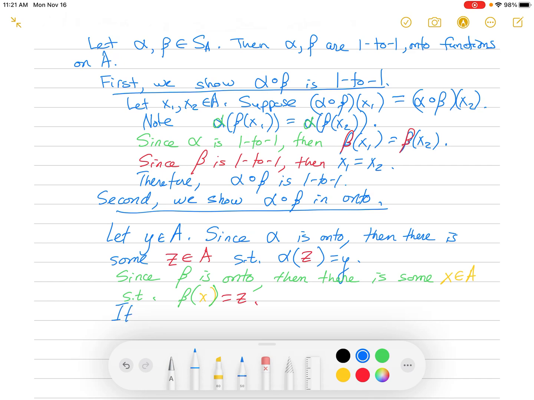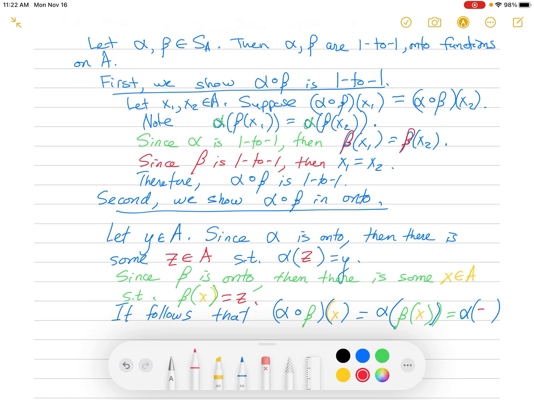Okay, so it follows that if I take alpha composed with beta and plug in x into this function, what will I get? The way this is defined through functional composition, alpha of beta of x. I'm going to leave the alpha alone outside.